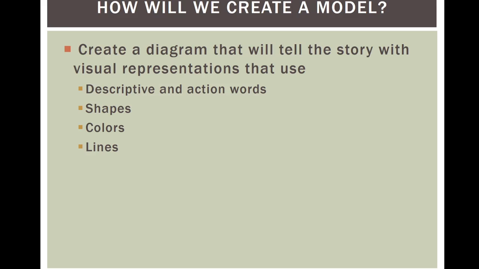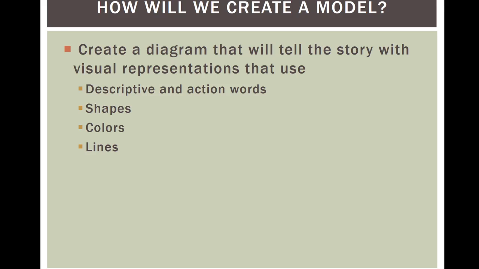And so what we want to do is we want to have a model that's very clear and concise, all right, but we don't want to clutter it up, right? And so it is a visual representation, and we're going to use specific verbiage when we construct our models, our diagrams, right? Verbiage does count. Verbiage is important.